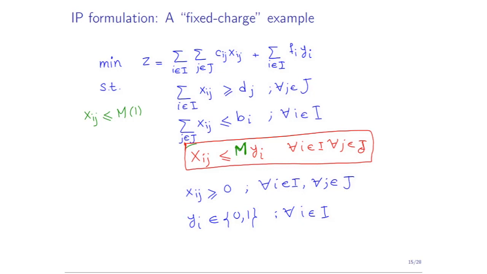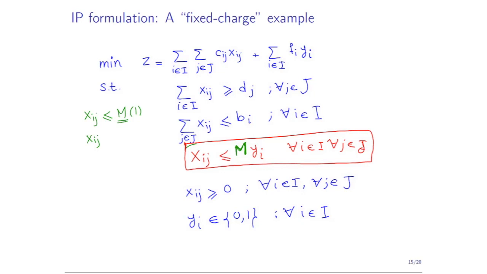I simply want to say if xij is greater than 0, make sure that yi is 1. But if this M is small, it might affect my formulation. So I want to make sure that the maximum value that xij can get is not affected by the choice of M.